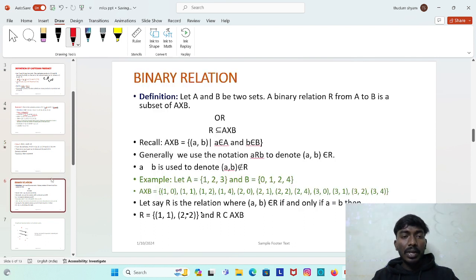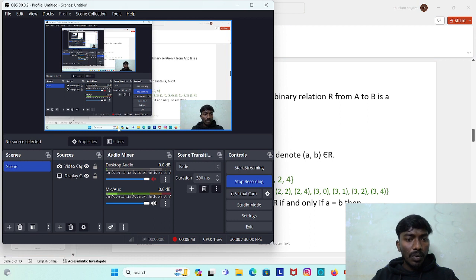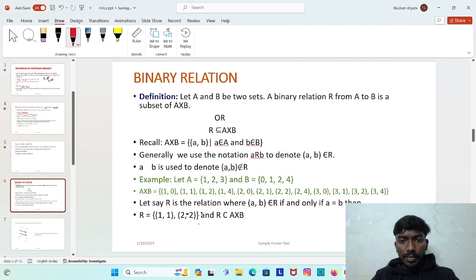Next we are going into binary relations. The definition of a binary relation is: let A and B be two sets.